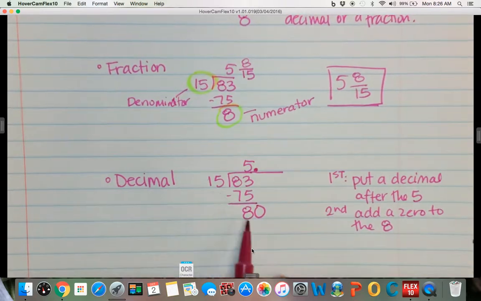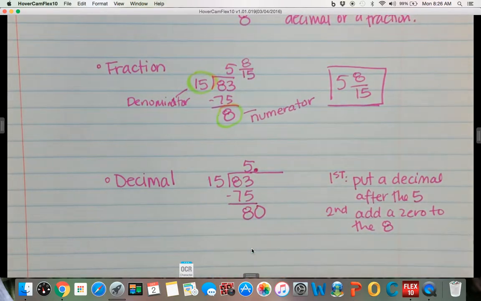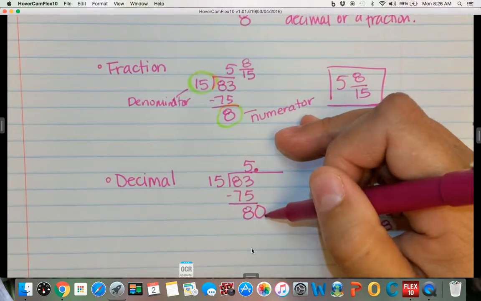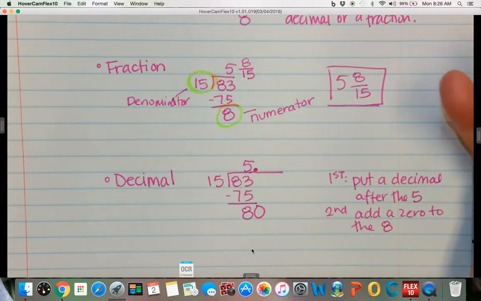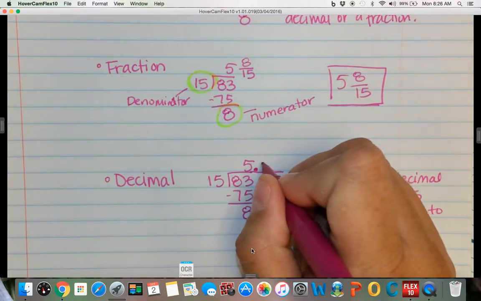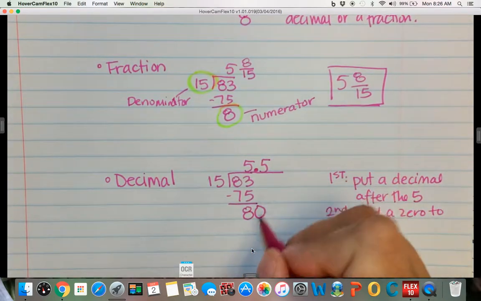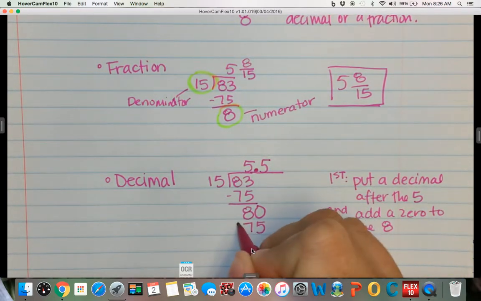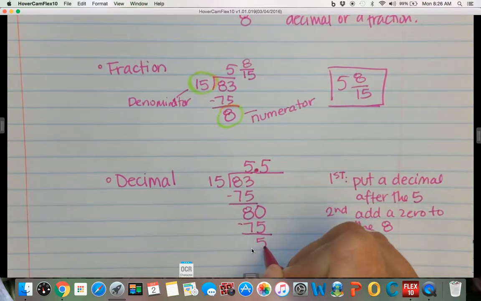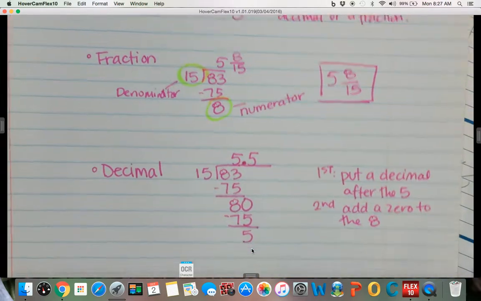Now I can do 15 into 80 because I'm taking a fraction of what I had. 15 goes into 80 the same amount of times. It's going to be 5, which gives us 75. Okay.